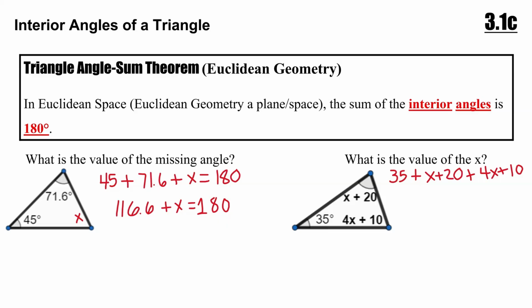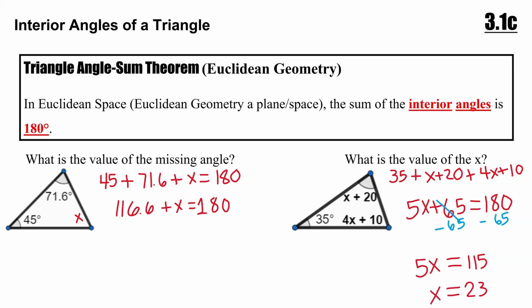Add 35, 20, and 10 together, and add x and 4x together to get 5x plus 65 equals 180. Next, subtract 65 from both sides to get 5x equals 115. Then finish solving the equation by dividing by 5 to get x equals 23.